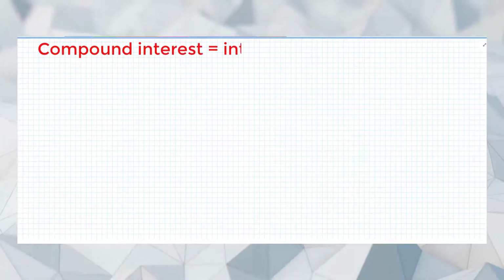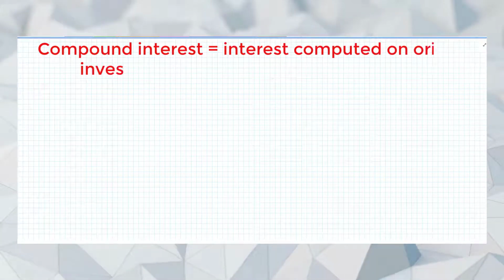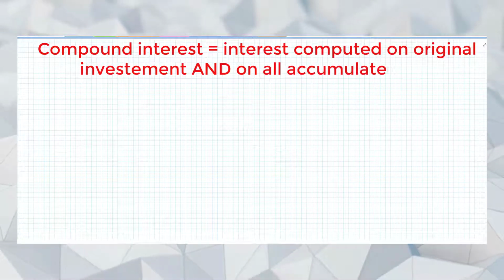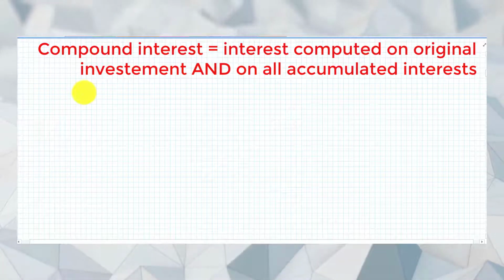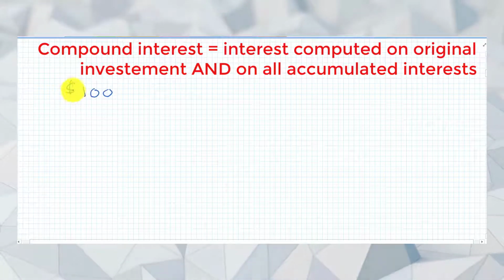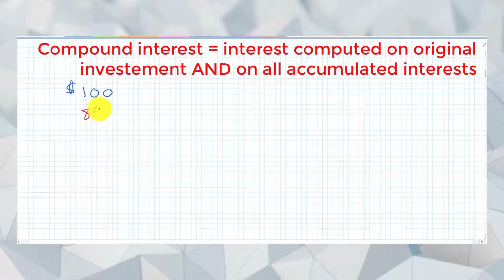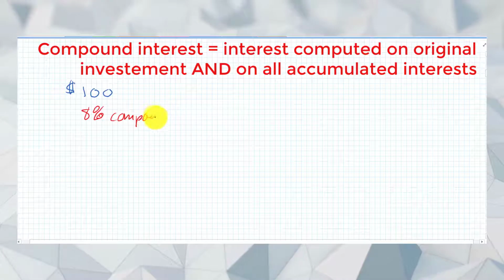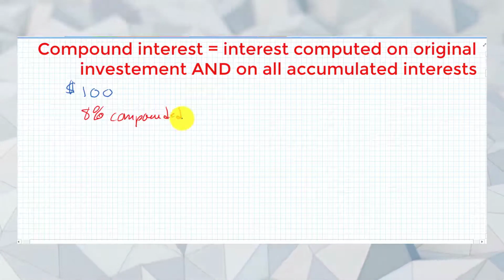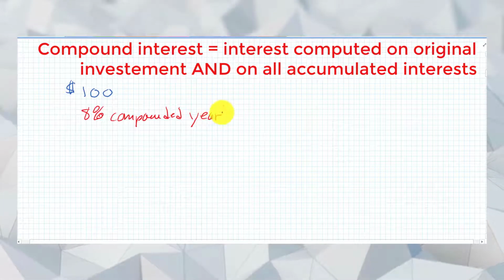In a compound interest model, the interest is added on the original amount invested and on all interest accumulated. So for example, again, I'm going to start with $100 and I'm going to take 8% interest compounded yearly. So this time it's not simple interest, it is interest that is compounded yearly.